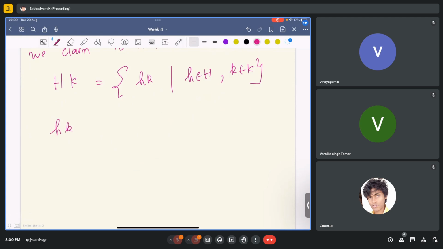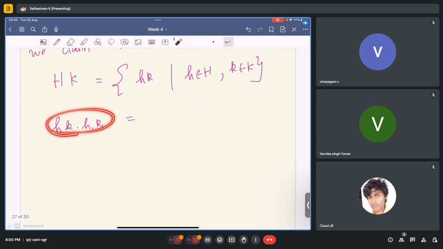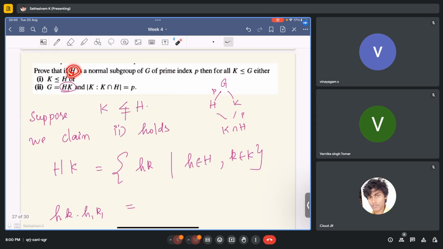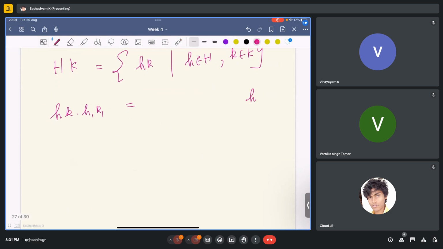So let's take hk and h1k1, and I want to write this product in the same form. Since H is a normal subgroup, we have KH equal to HK. This is the normal condition, one of the properties of normality.